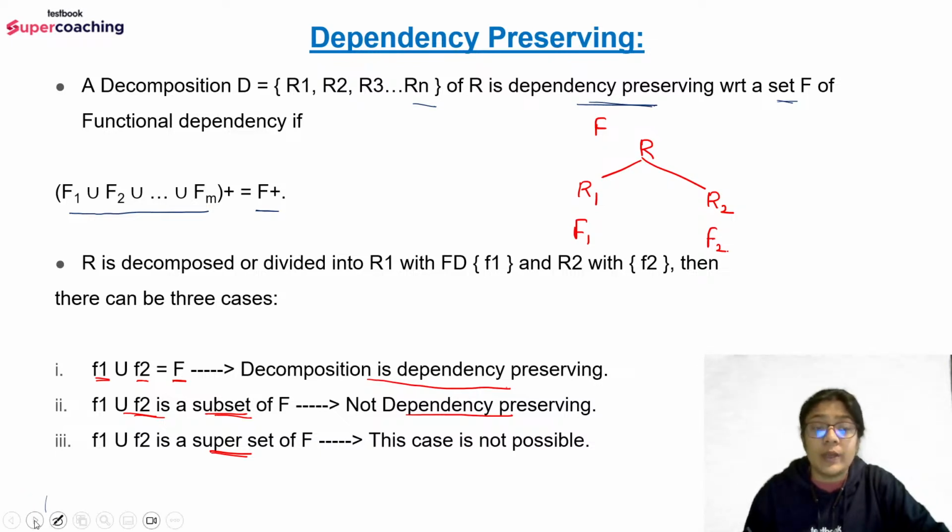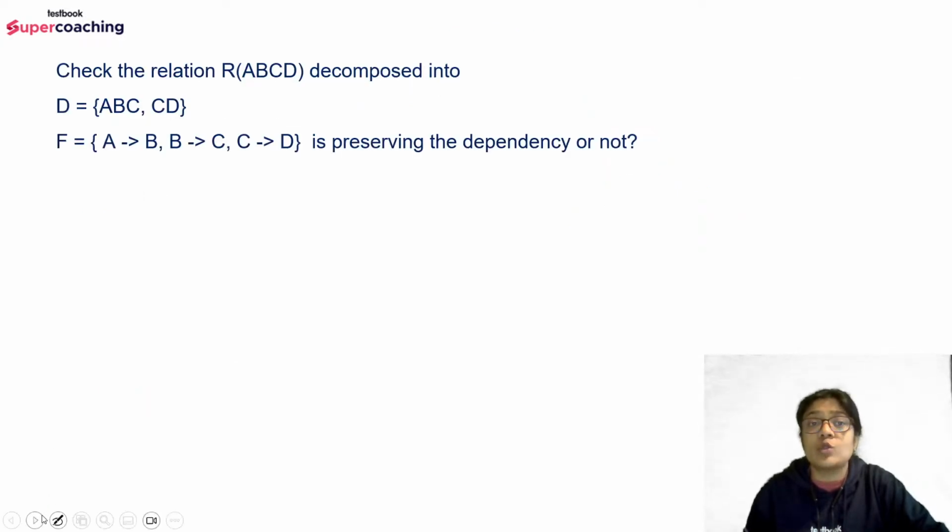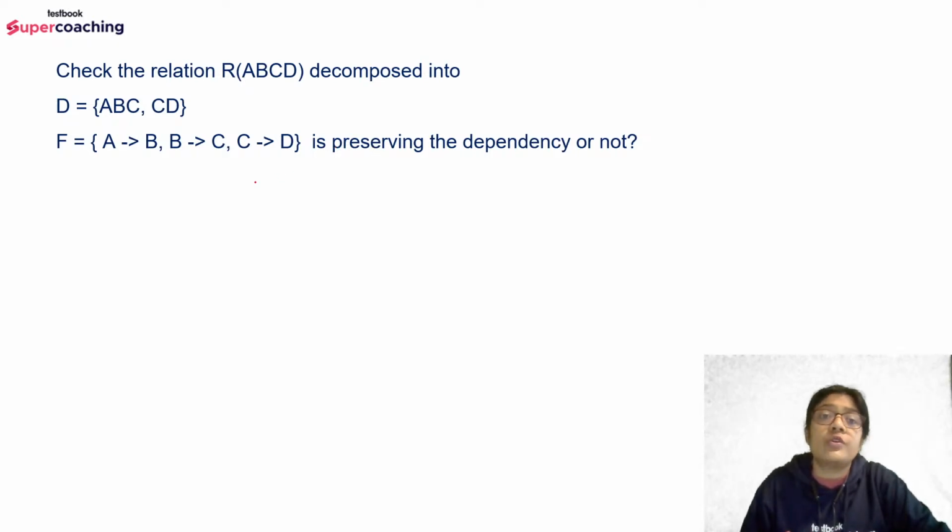अब question के ऊपर apply करके देखते हैं कि check कैसे करना है. So when we'll be talking about the dependency preservation, तो हमारे पास दो तरीके होते हैं check करने के. One is known as mapping और दूसरा तरीका होता है कि आप non-trivial functional dependencies find करते हो. So there are two methods to check whether the decomposition is dependency preserving or not.